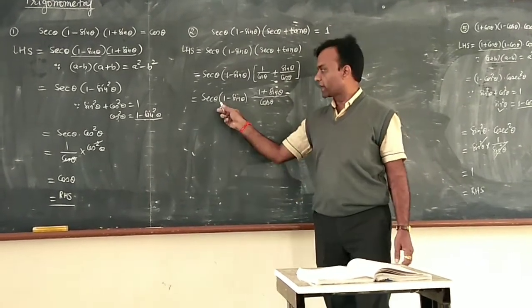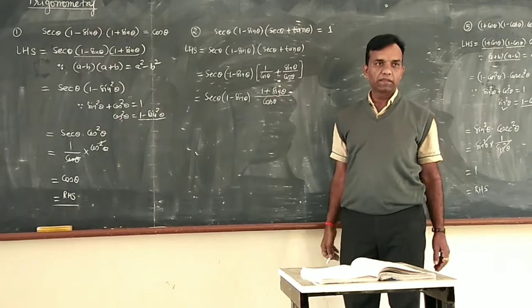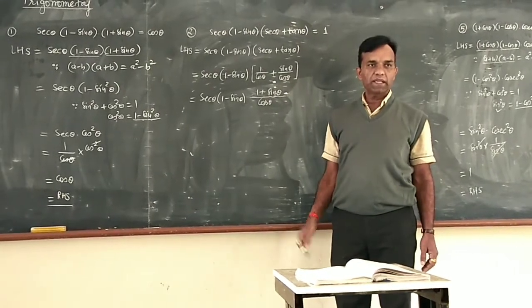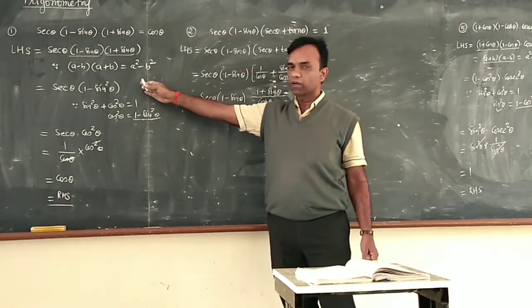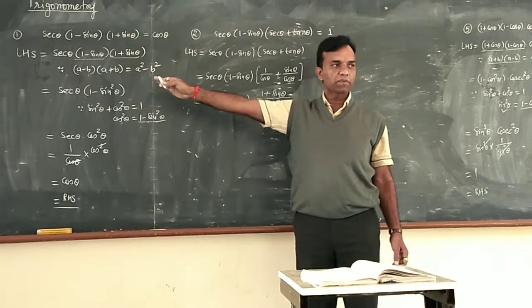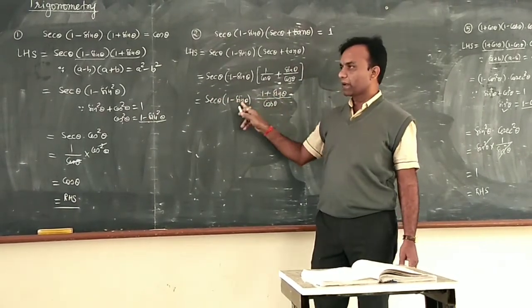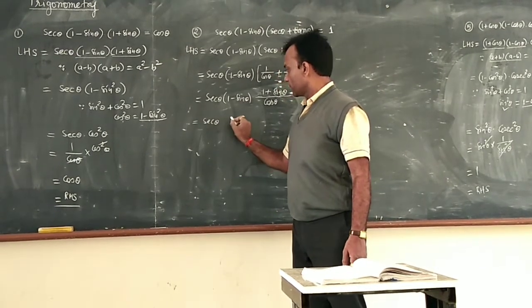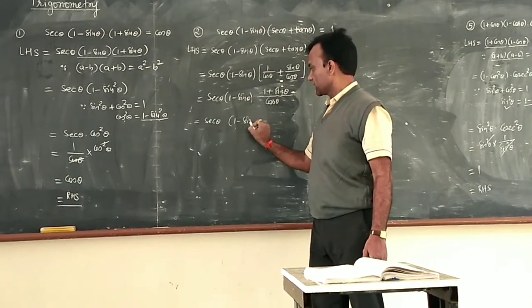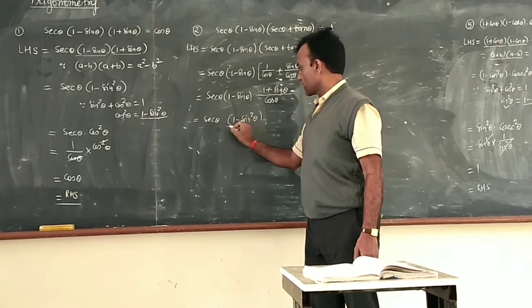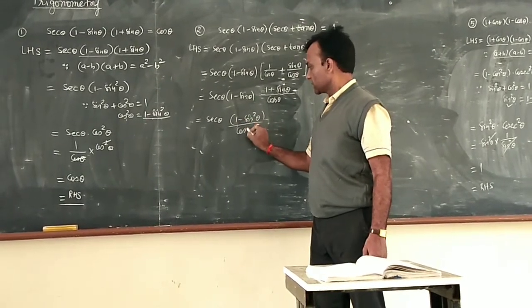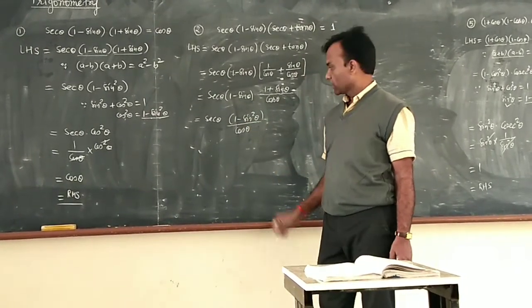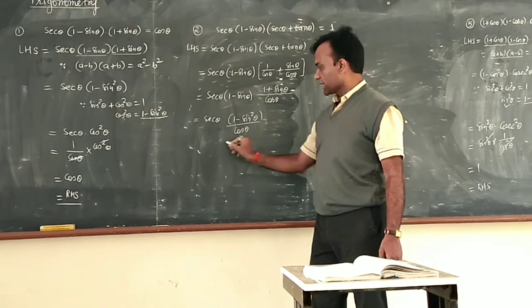Now you have the brackets 1 minus sin and 1 plus sin. Again, according to this question, we have the form a minus b into a plus b, and both brackets are multiplied. Then you have sec theta into 1 minus sin square theta upon cos theta. What is 1 minus sin square?